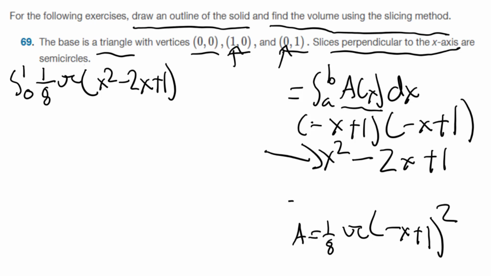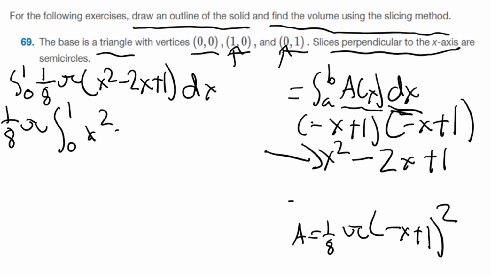And then we plug in the dx. We can factor out 1/8 pi from the equation to get the integral from 0 to 1 of x squared minus 2x plus 1 dx.